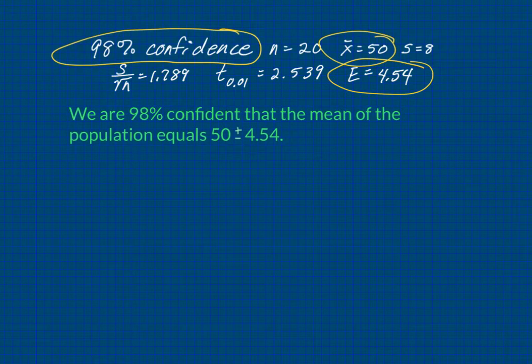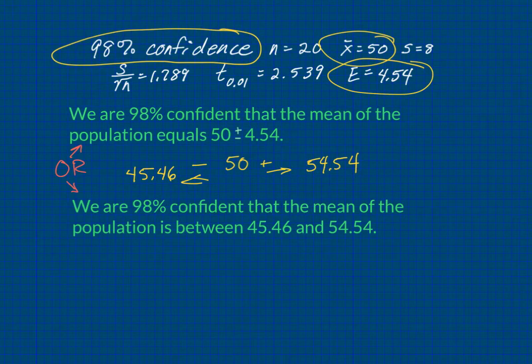We can say we are 98% confident that the mean of the population equals 50 plus or minus 4.54. So that's 50, and plus 4.54 gives us 54.54, while minus 4.54 gives us 45.46. So we could say we are 98% confident that the mean of the population is between 45.46 and 54.54.